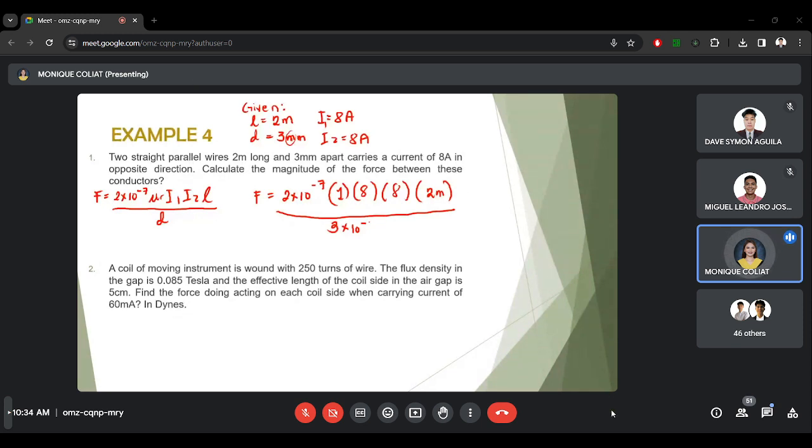Times 10 raised to negative 3. Okay, negative 3, that's correct. Then, meter. This meter will be cancelled also because of this. So, using our calculator, please input all of these. And what is the force between these conductors?